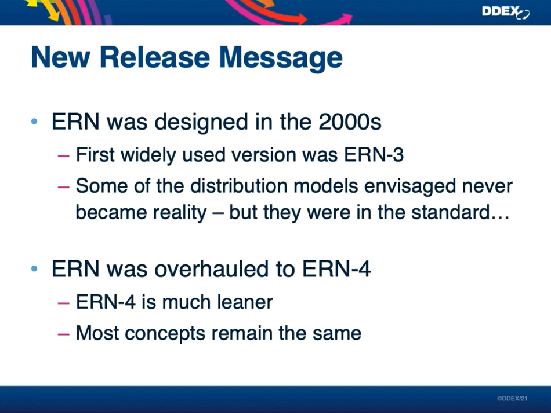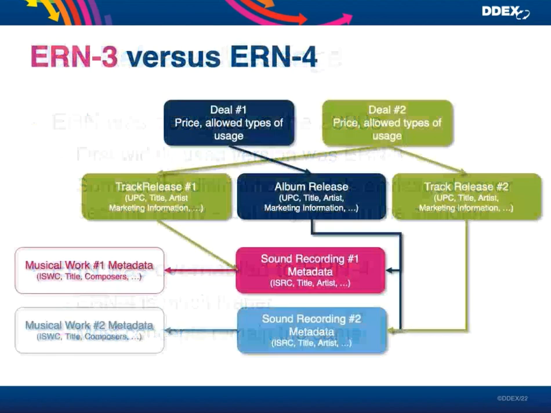So we overhauled it, and we created this new standard, ERN 4, and it's about 4 years old now. Most of the concepts remain the same, but some things are different. So if we're looking at ERN 3, this is how ERN 3 looks, same slide as before. This is how ERN 4 looks.